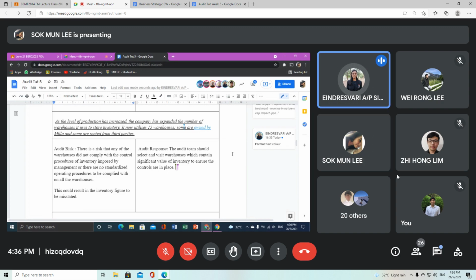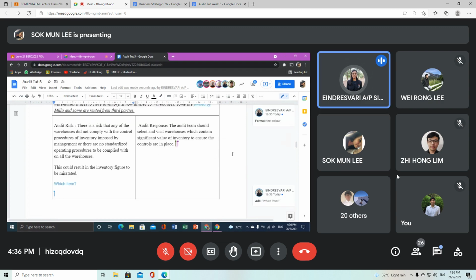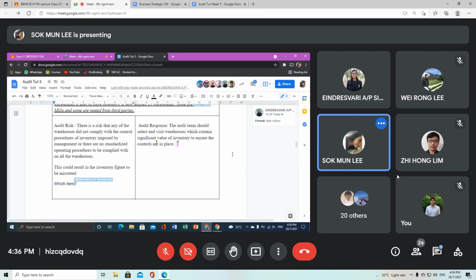First of all, which item is affected? Which item in FS is affected? Which item are you talking about? Internal control. Item in financial statement, darling. Warehouses. You're talking about warehouse.